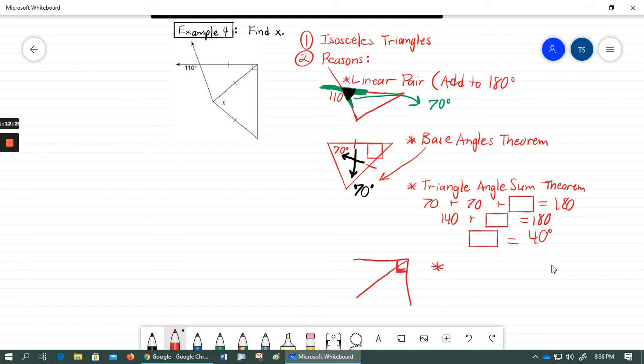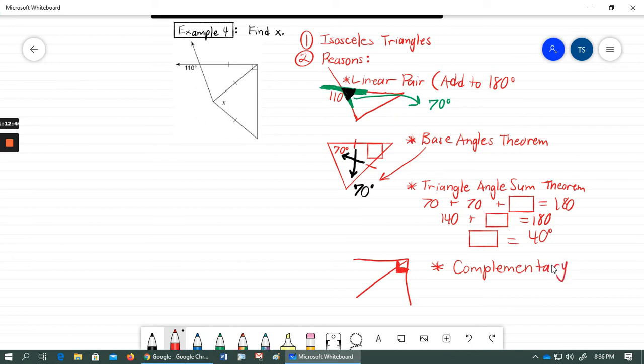So we got the right angle symbol right there. I know I'm making that look probably even worse than what it looks, but it's okay. Now we got a set of complementary angles.